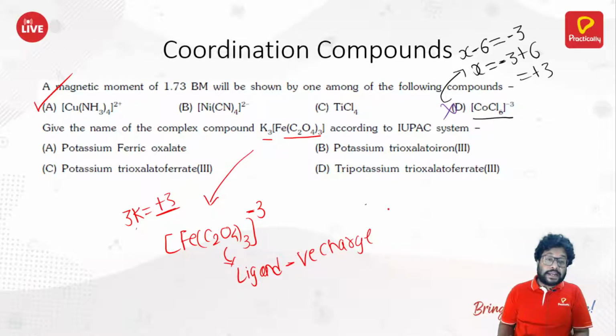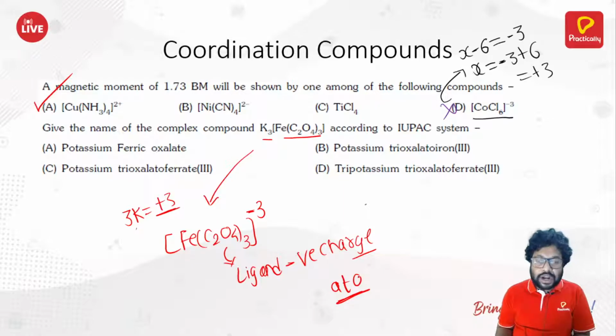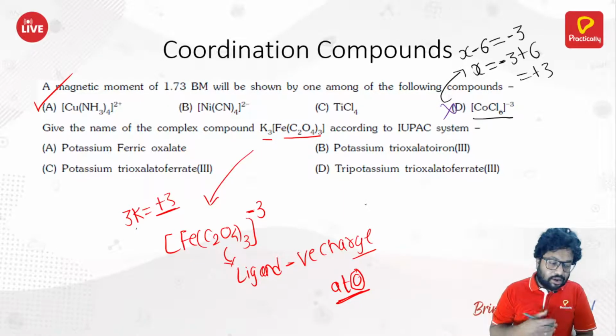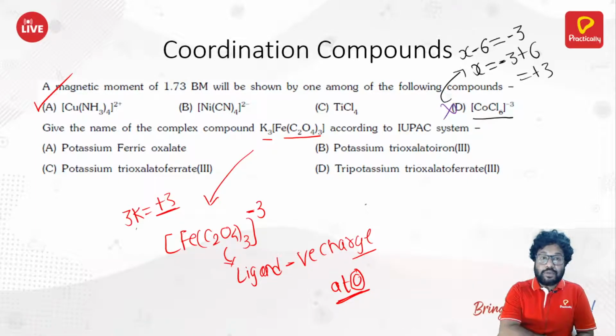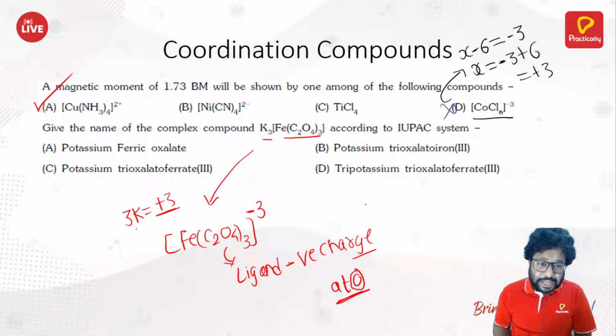If the ligand is negatively charged, it should always have an 'o' attached to it. For example, if it's a chlorine, we call that chlorido. If it's a bromine, we call that bromido. If it is NH2 minus, we call that amido. Just like that. As far as this is concerned, you have oxalate.